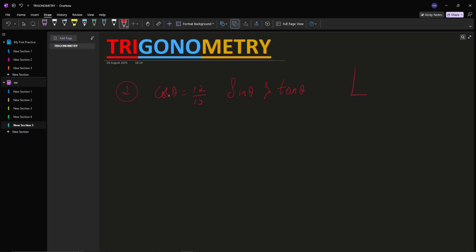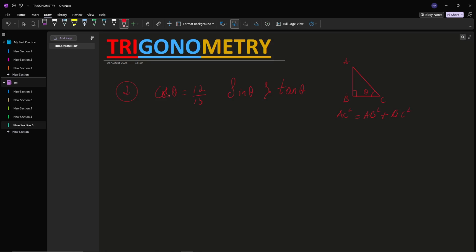So as usual, go to the right angle triangle, draw a triangle, mention the sides A, B, C. Here it doesn't mention any of the angles, so you can take angle B as 90 degrees and we mark angle C as theta. So according to Pythagoras formula, AC square is equal to AB square plus BC square.